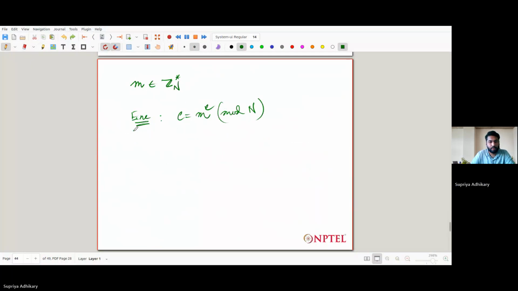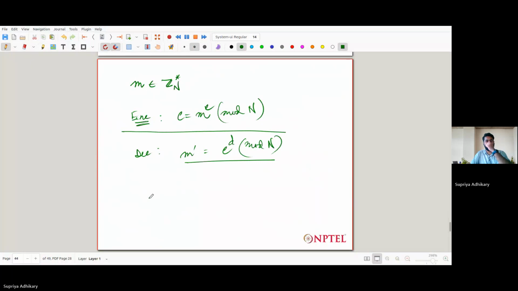Similarly, the decryption works in this way: M dash is equal to C to the D mod n. Now, if C is computed like M to the E, and M dash is computed like C to the D, then M should be equal to M dash. This is how the RSA encryption and decryption works.